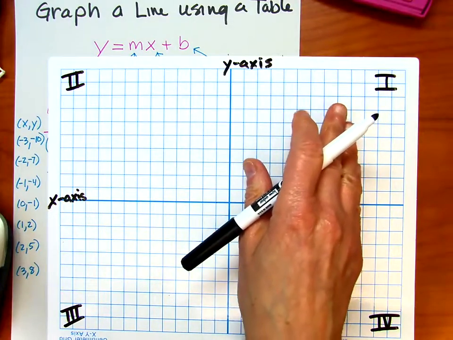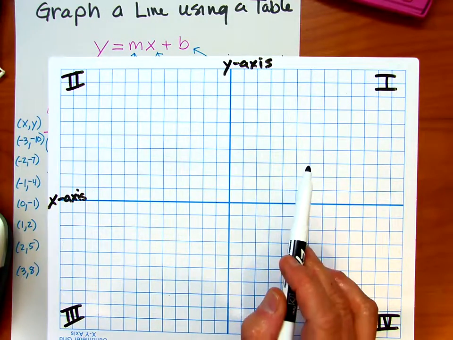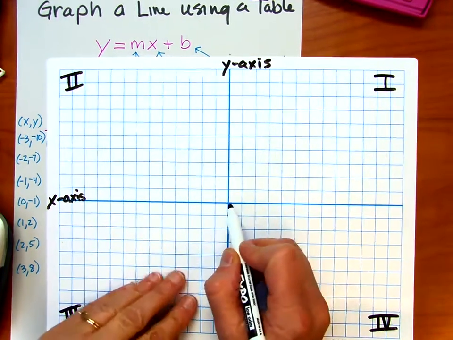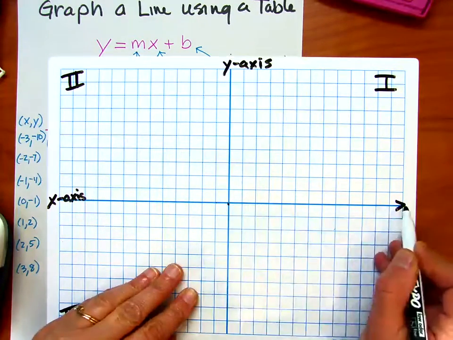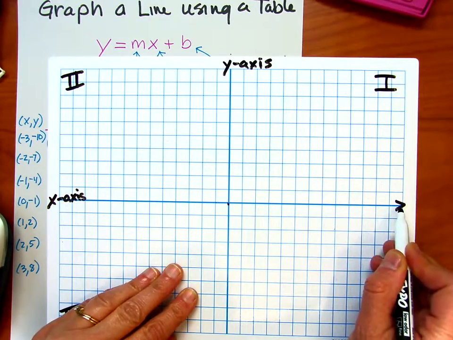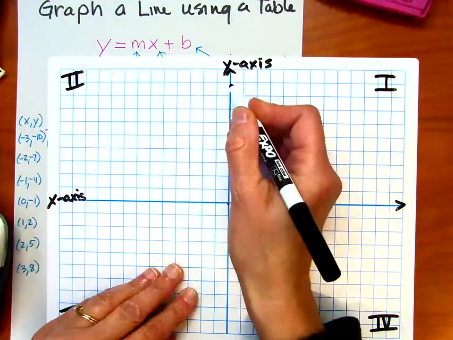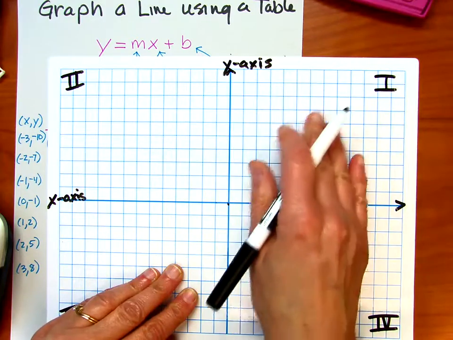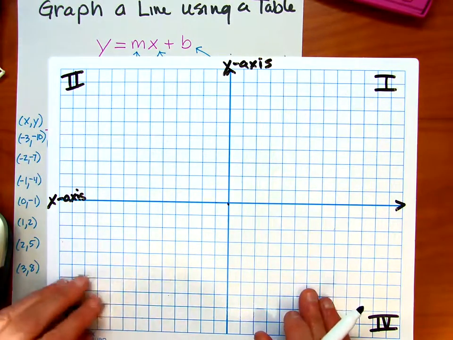All of the points in the first quadrant are going to have a positive x value and a positive y value, because if you're going from this 0 on out, all of these are positive numbers, and if you're going from 0 all the way up, these are all positive numbers, and so all the points here would have a positive x and positive y.